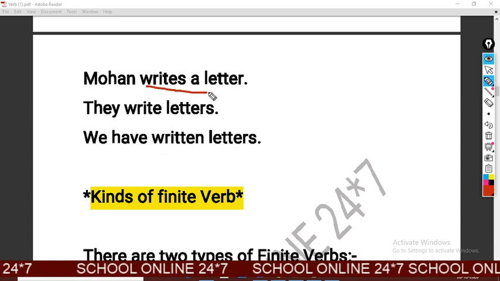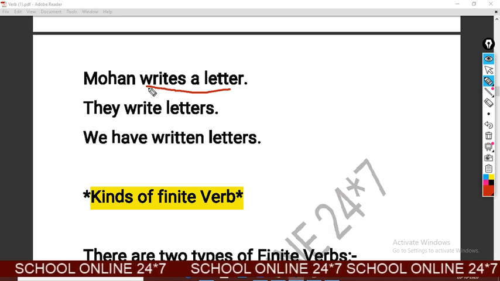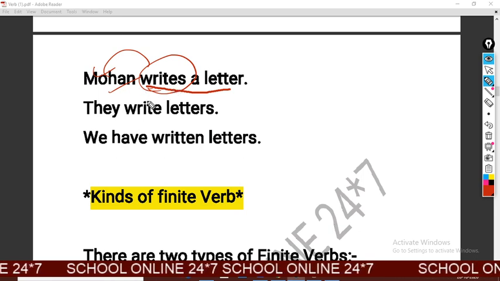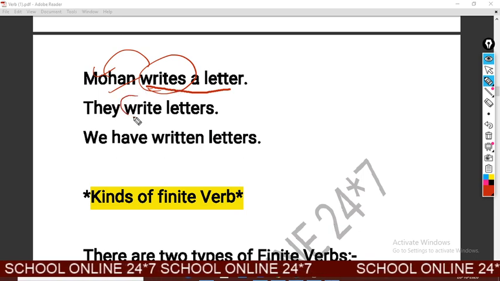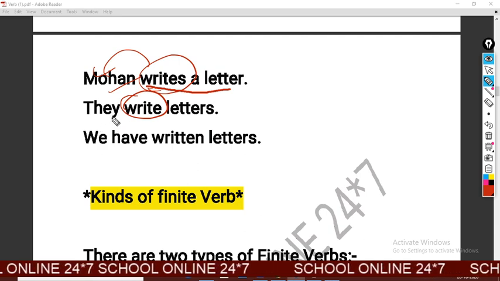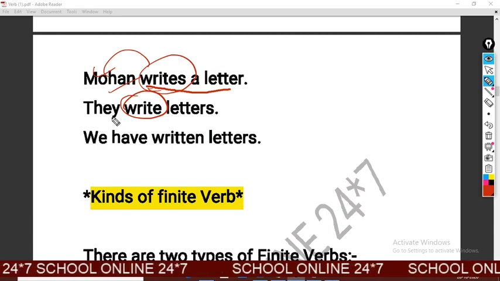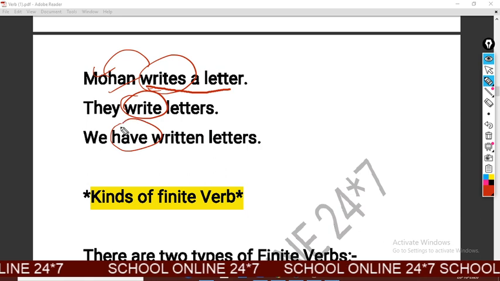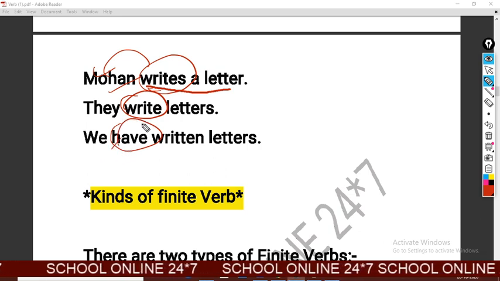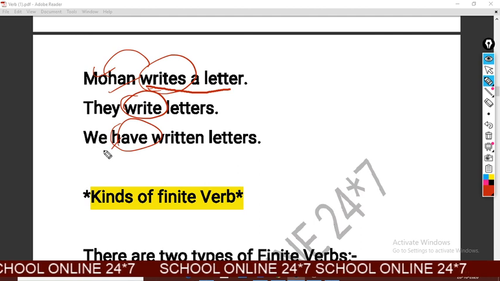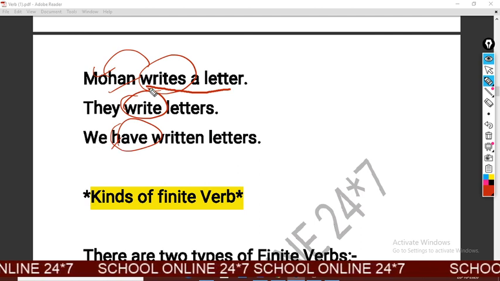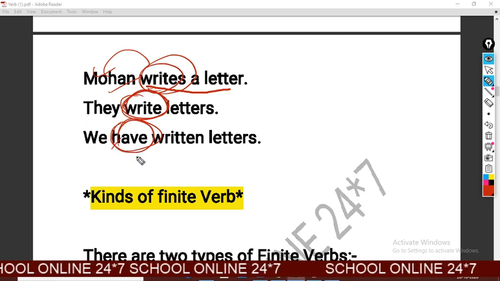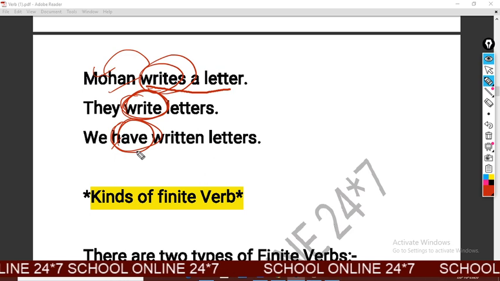Mohan writes a letter. There, writes is the verb and it is bounded by Mohan, and Mohan is singular number. Write should be used with they, because they is plural number, and we have written, there have is the verb and it is used for we because we is also plural number. So these words, writes, write or have, are finite verbs.